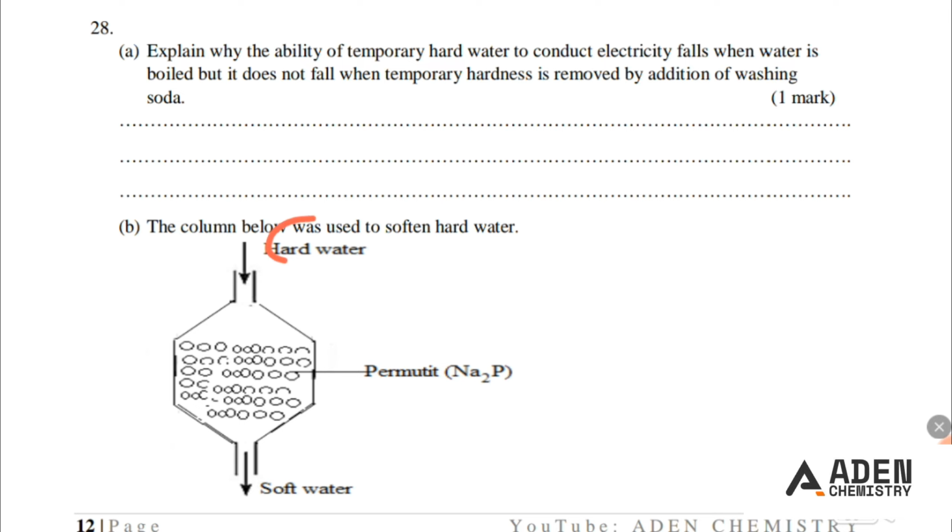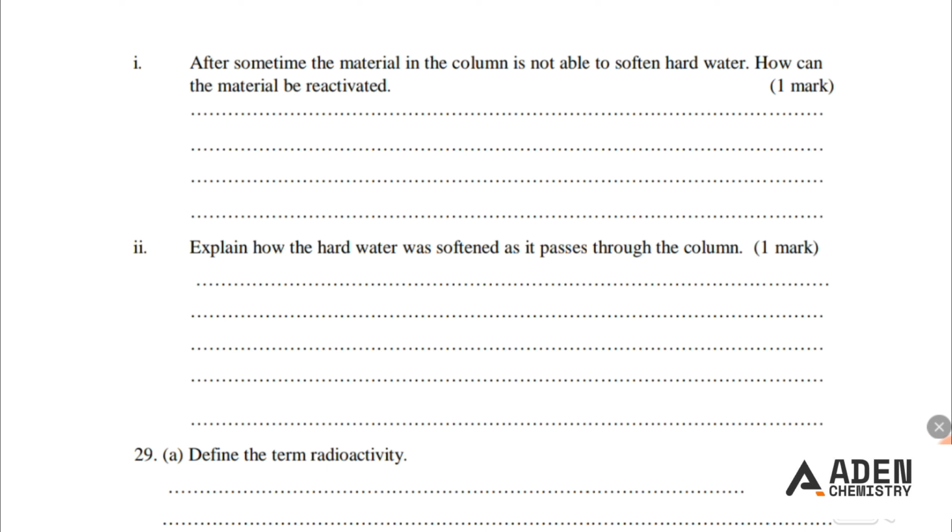We're having the hard water get into the resin or the column. We are having here the sodium permutit, then we are having here the soft water. So Roman 1, we are told after some time the material in the column is not able to soften hard water. How can the material be reactivated?